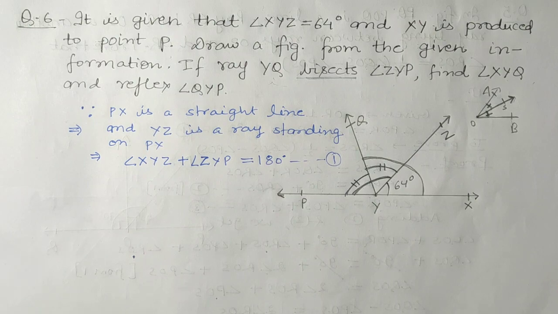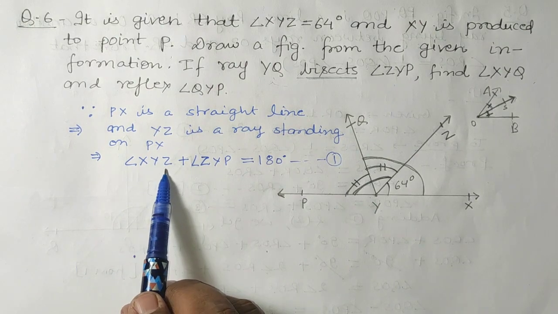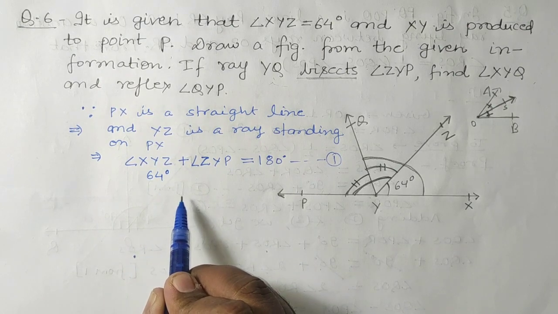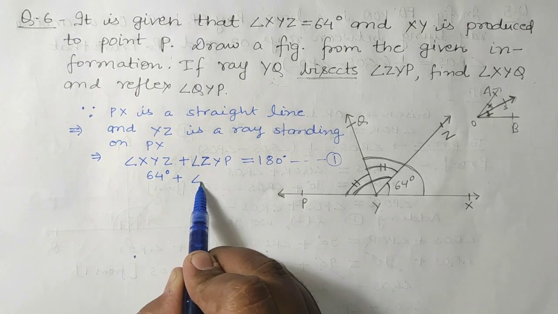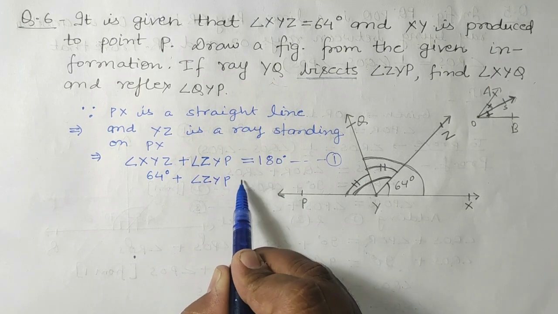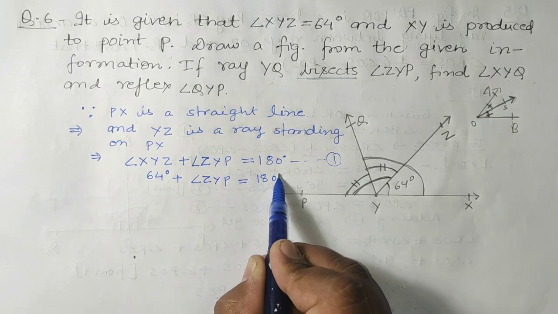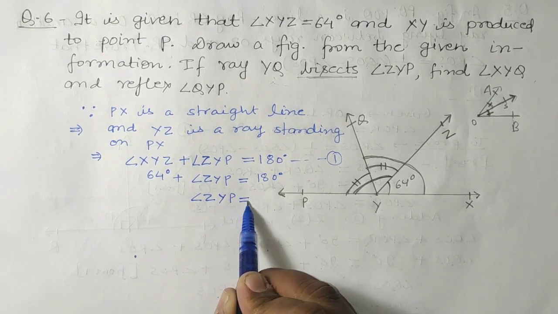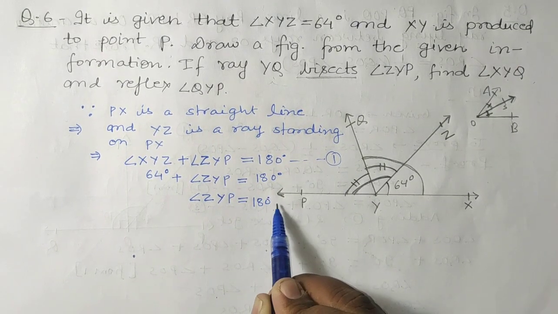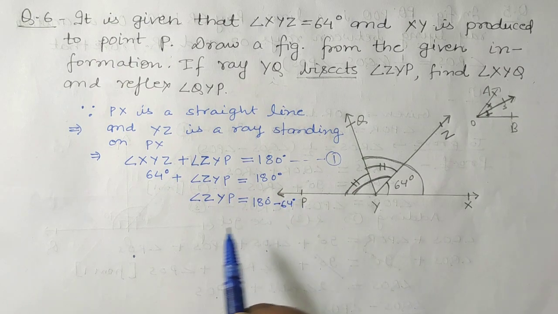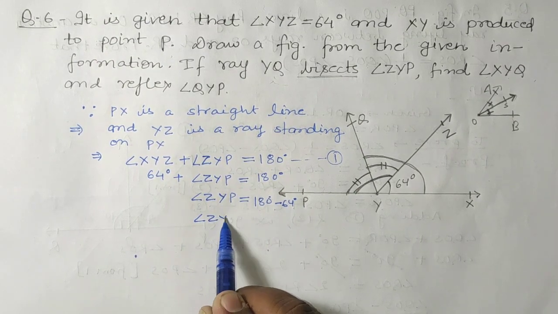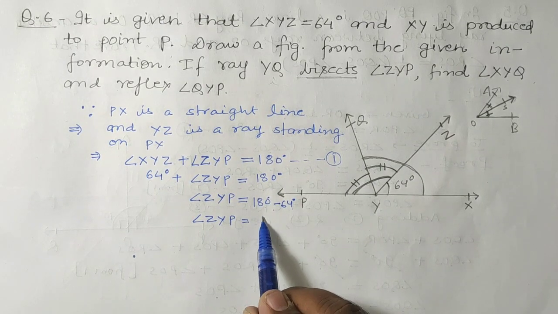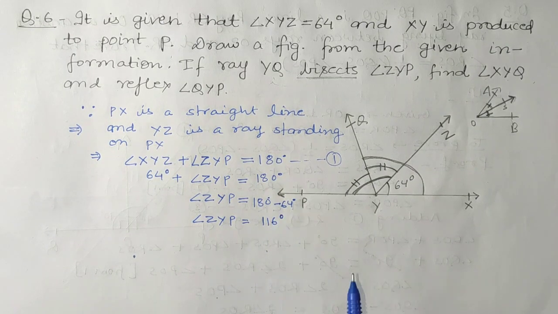Now the value of angle XYZ is given. It is given as 64 degrees. So 64 degrees plus angle ZYP is equal to 180 degrees. So angle ZYP is what? Angle ZYP is 180 degrees minus 64 degrees, that is, angle ZYP is equal to 116 degrees.